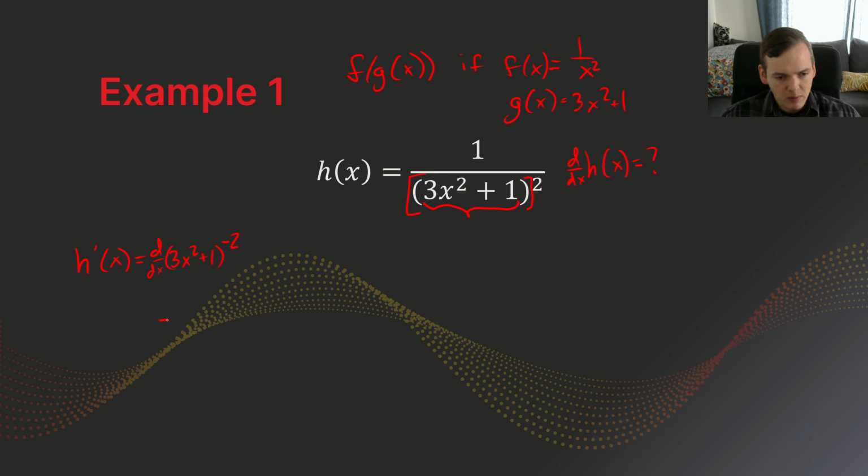We'll do the derivative of the outer part first. Derivative of the outer part means we pull our exponent out front, and then we subtract 1 from it. And that'll give us negative 3.